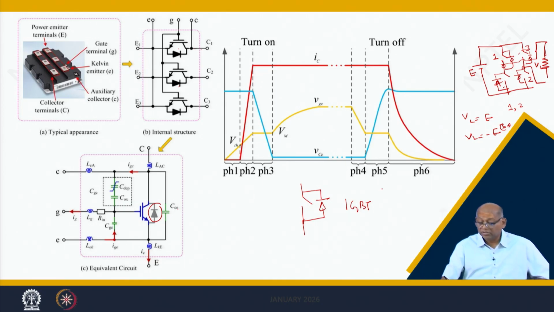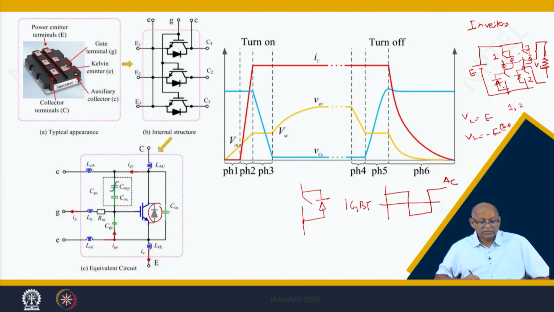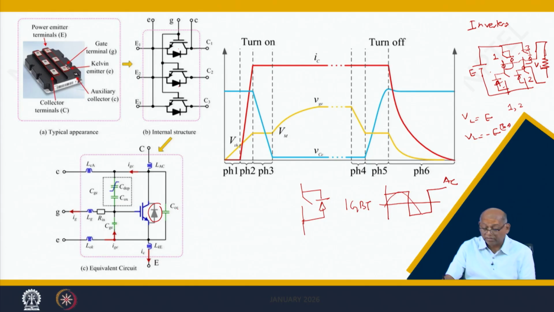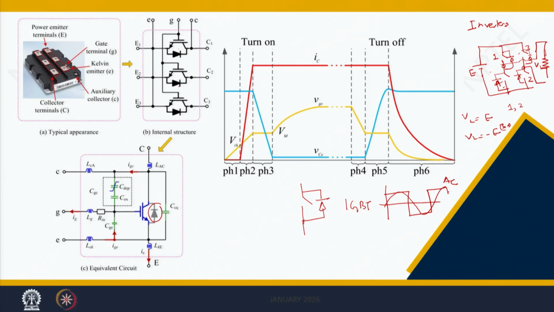So, minus E. That means in one cycle you can get plus E, then minus E, again plus E and minus E. So, this becomes AC. So, this is a DC to AC converter, which is known as an inverter, IGBT inverters. By properly filtering this, you can achieve a very good sine wave, an almost smooth transition by filtering. So, IGBT can also be used as a switch. We will stop here, and go to the next lecture.